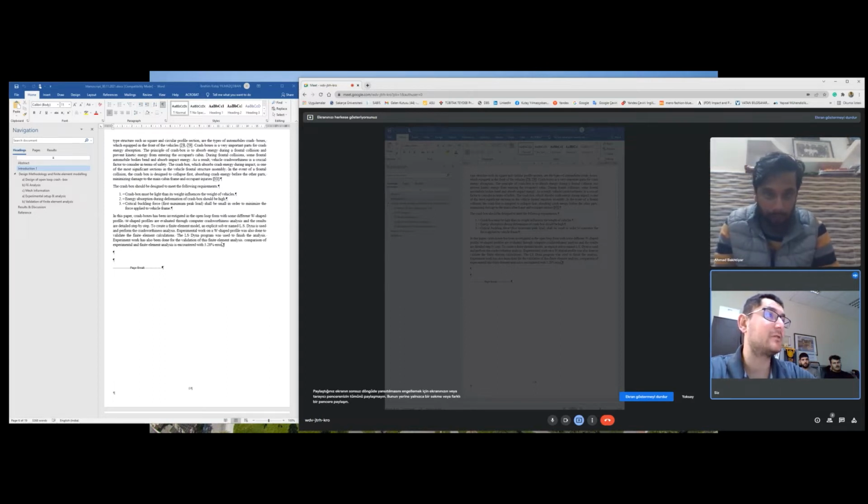Experimental work on a W-shaped profile was also done to validate the finite element calculations. The LS-DYNA program was used to finish the analysis. Experimental work has also been done for the validation of this finite element analysis.